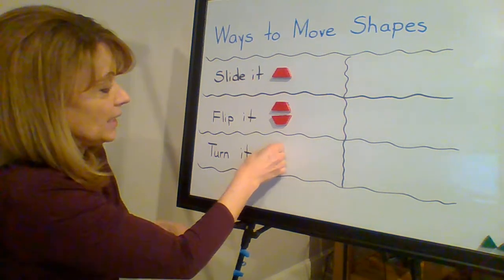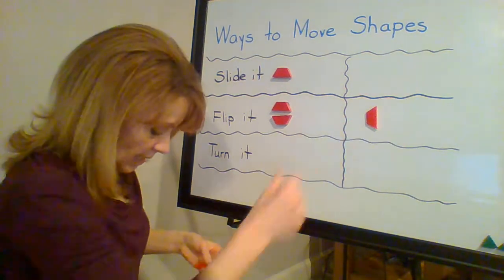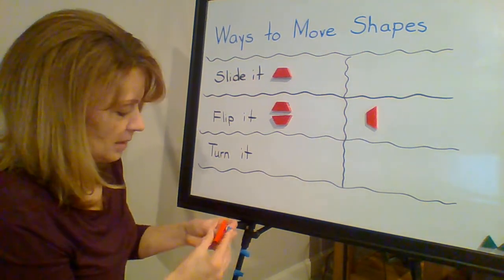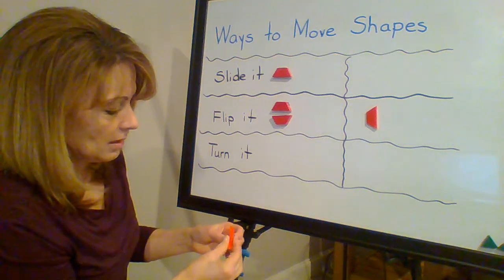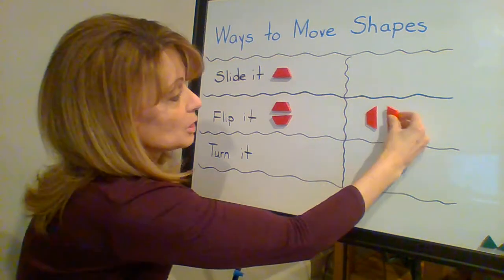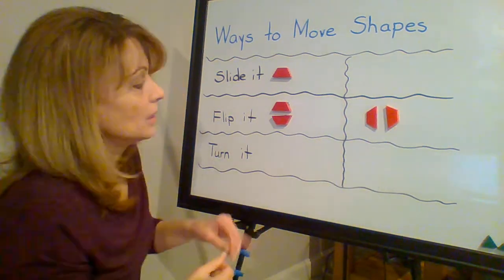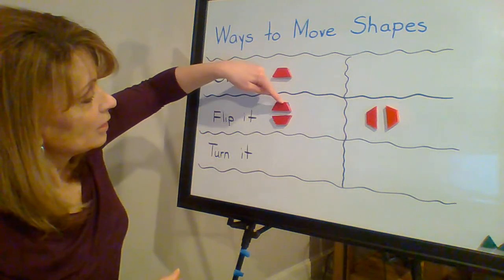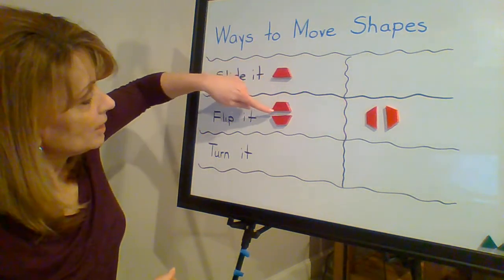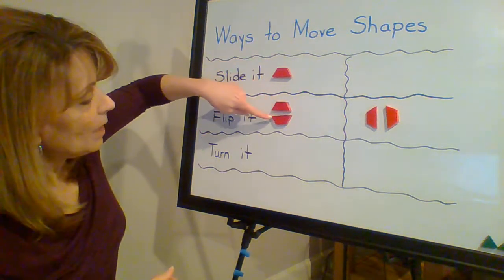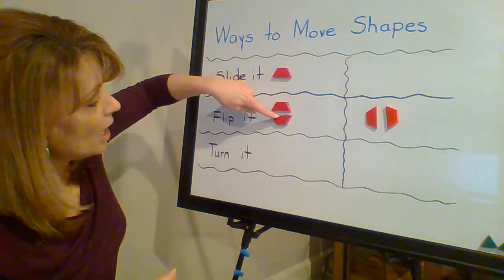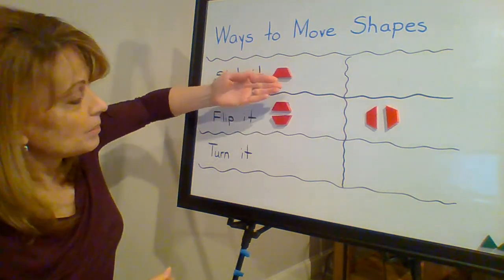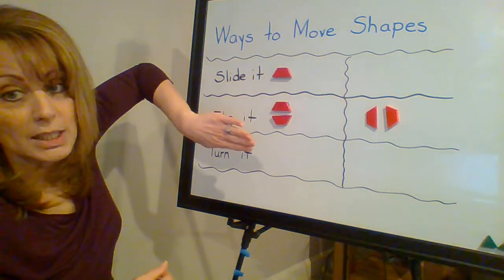Another way to do it is if it looked like this, then the mirror image will look like that. So see here, I had the short end at the top and the long end in the bottom. Now I'm going to have the long end in the top and the short end in the bottom. Do you see how it flipped over?